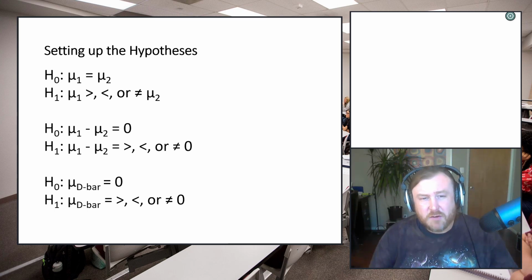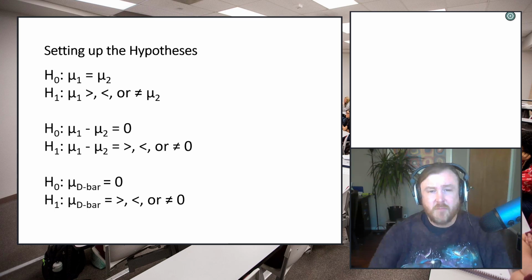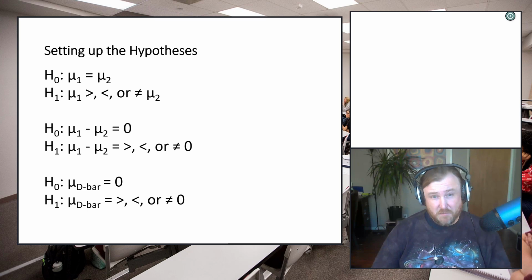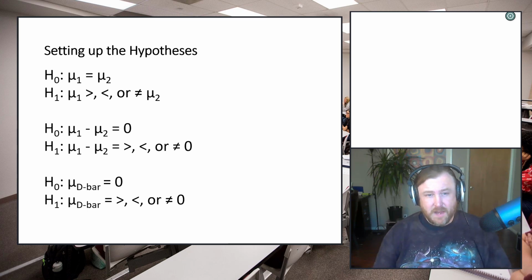However, with a correlated groups t-test, we're doing the same thing, but we need to conceptually reframe it. So essentially, what we're doing is we have 2 means, before and after, and if we subtract them from one another, right, the null hypothesis would be that there's no change, that the difference between before and after is 0.